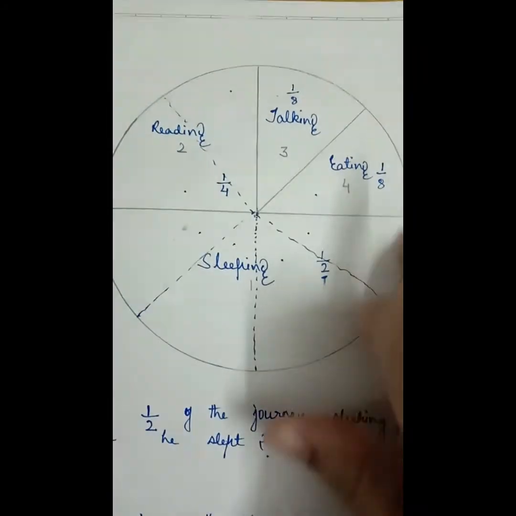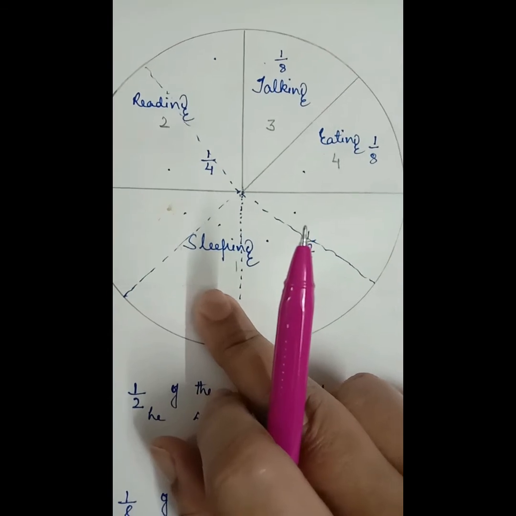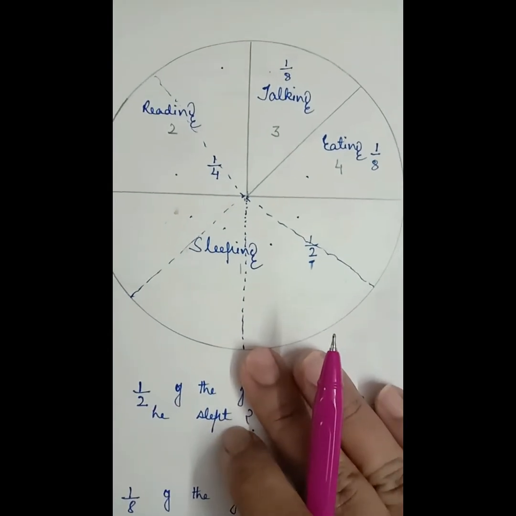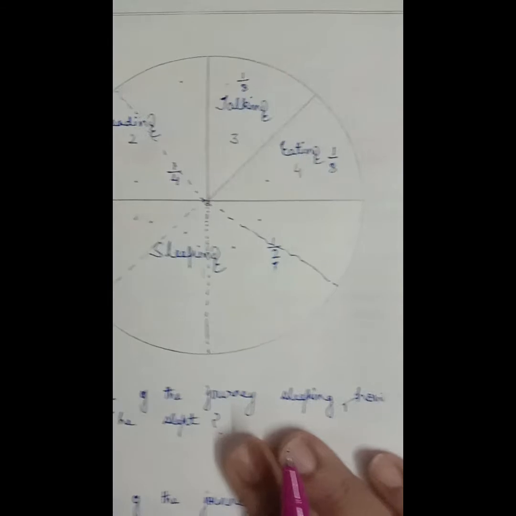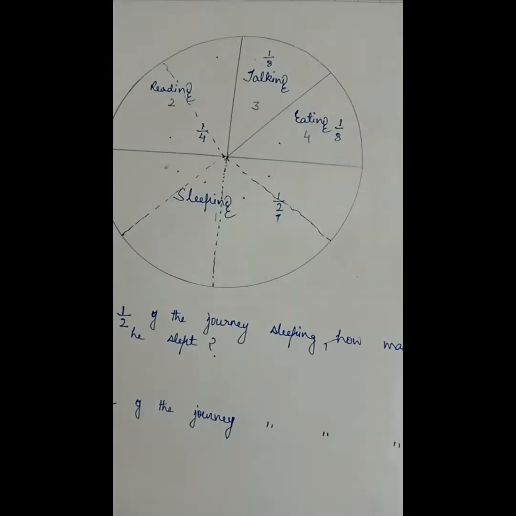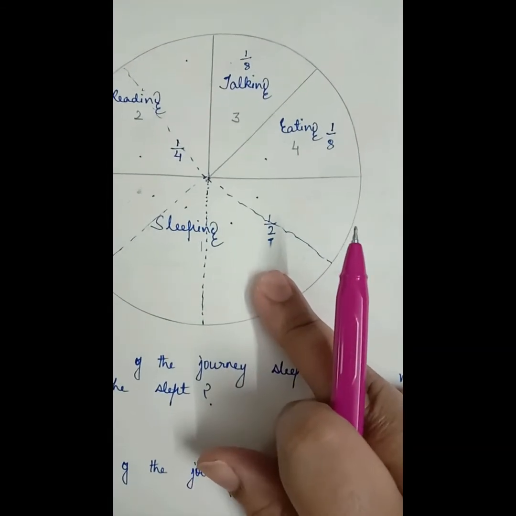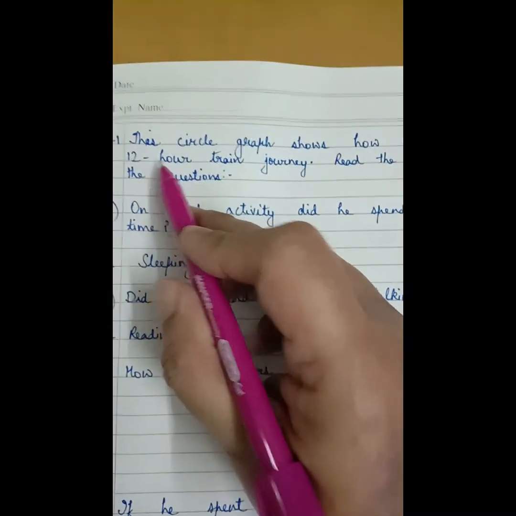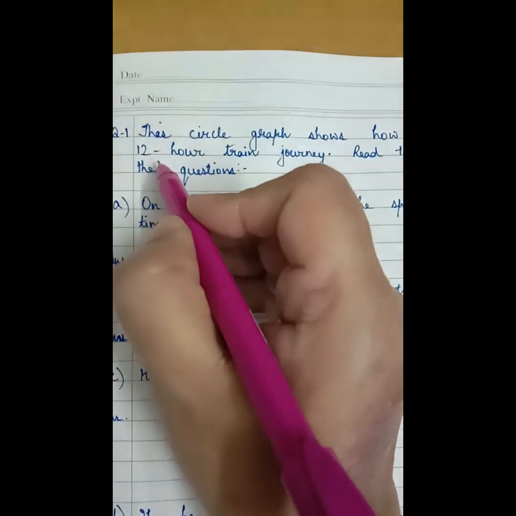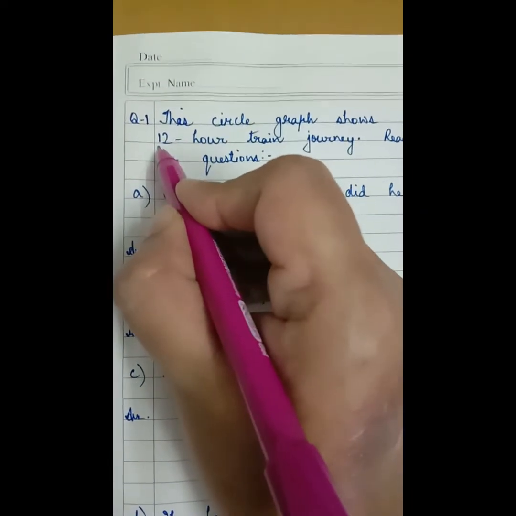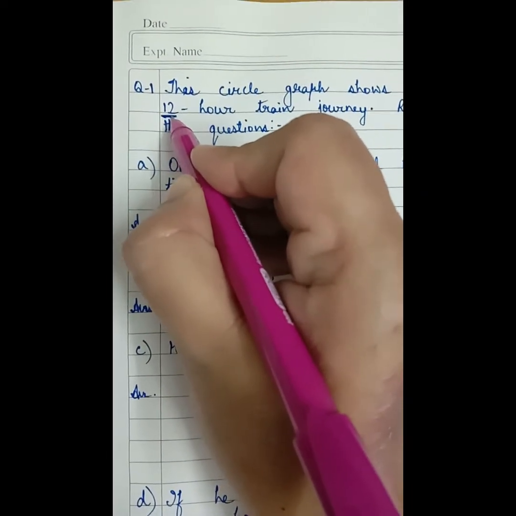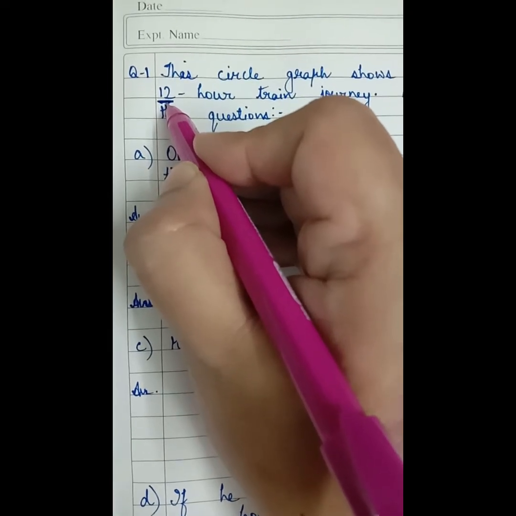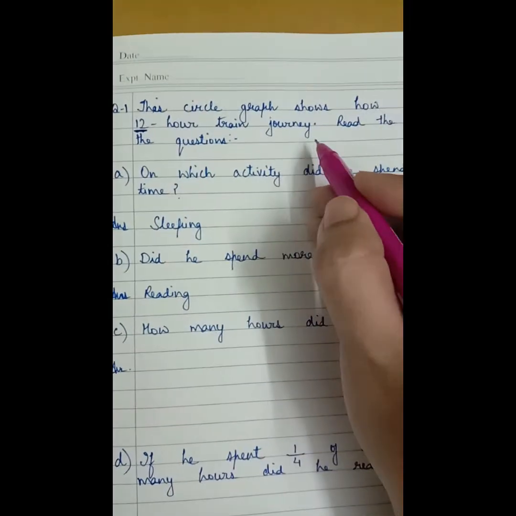Now in this circle graph, we will attempt some questions by looking at this graph. This circle graph shows how Mayank spent his 12-hour train journey. Please carefully see this number. How many hours long is the train journey? 12-hour train journey.